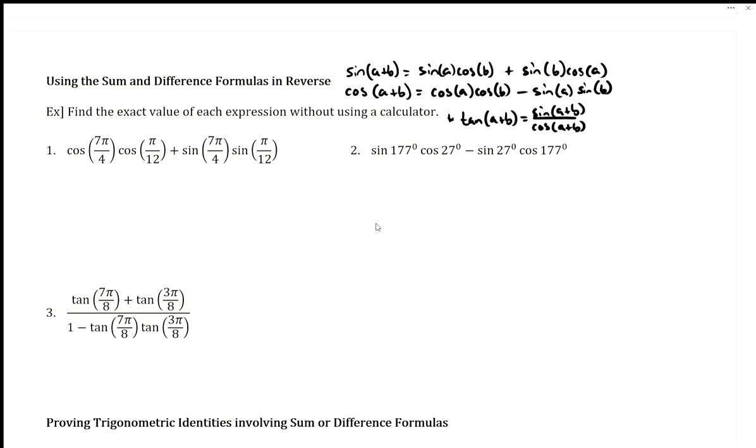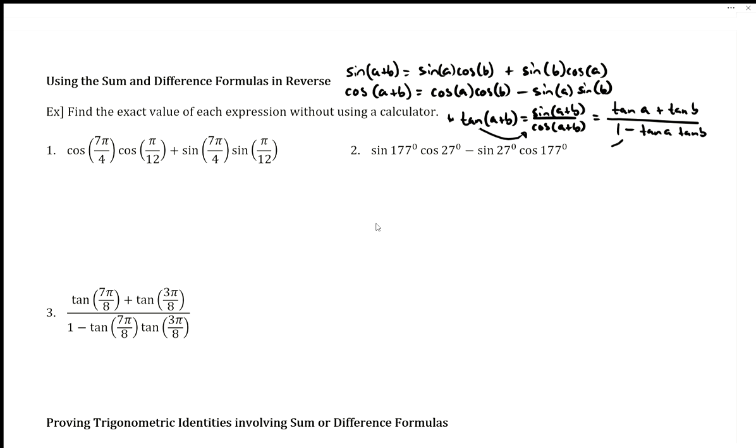So it could take a while. But what can happen too is we get tangent of A plus tangent of B over 1 minus tangent A tangent B. From here to here requires nothing new to know. We just know that we have to do sine over cosine.